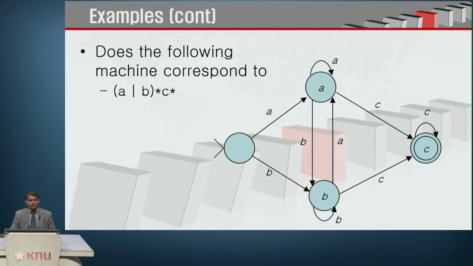So does the following machine correspond to A such that B star C star? This is another, more complicated one. Here with A we are going to the upper one, and with B you are going to the lower part, and again some transition happens within this part.